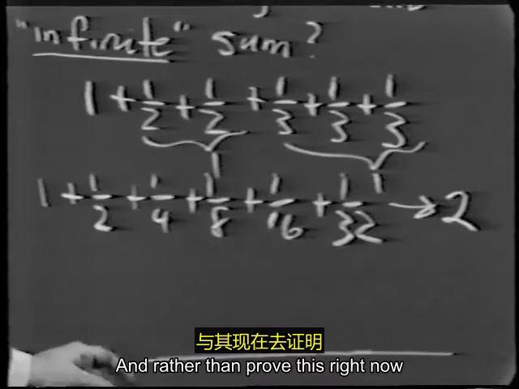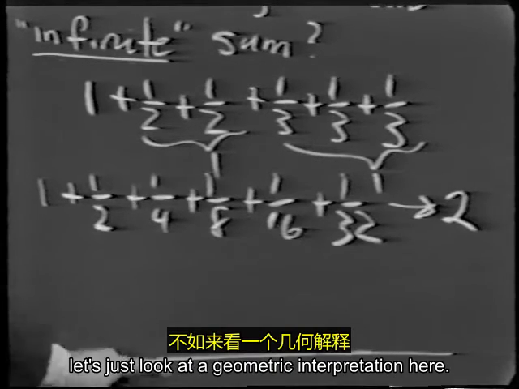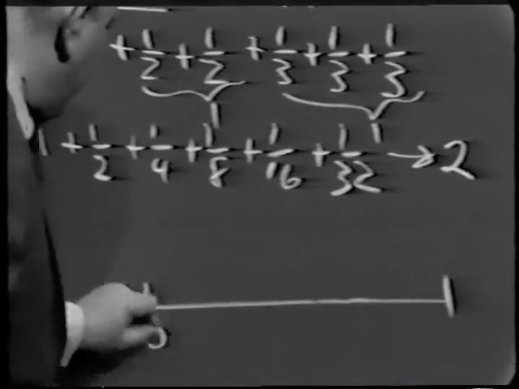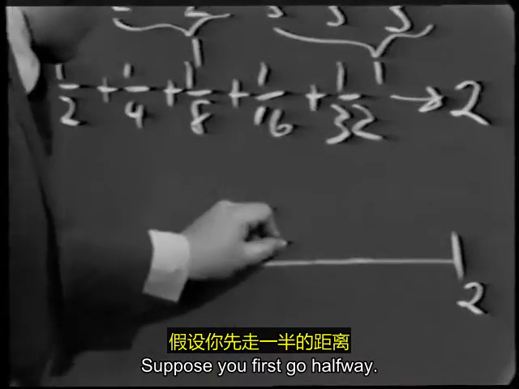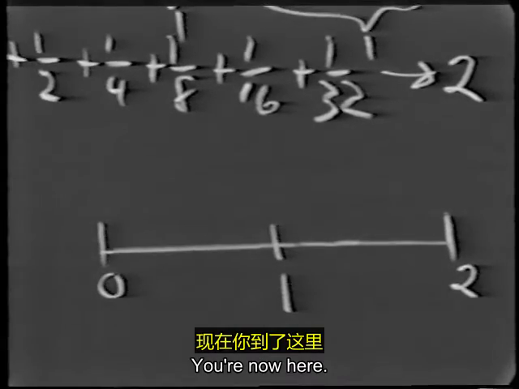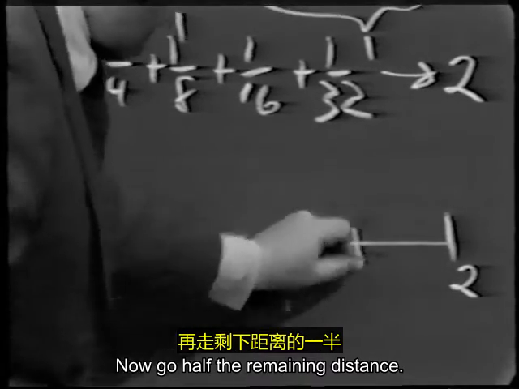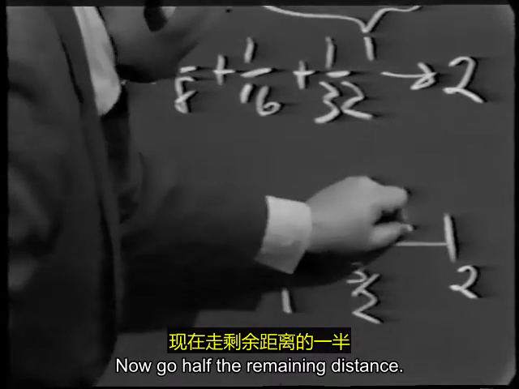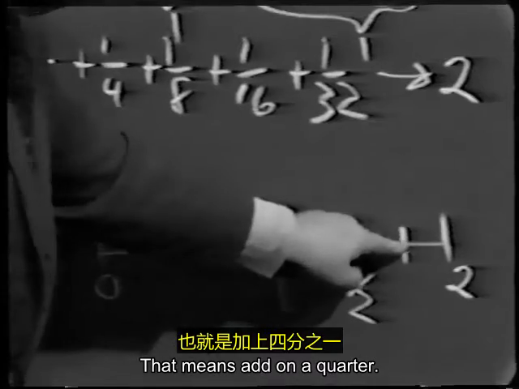And rather than prove this right now, let's just look at a geometric interpretation here. Take a line which is 2 inches long. Suppose you first go halfway. You're now here. Now go half the remaining distance. That's what? 1 plus a half. That puts you over here. Now go half the remaining distance. That means add on a quarter.